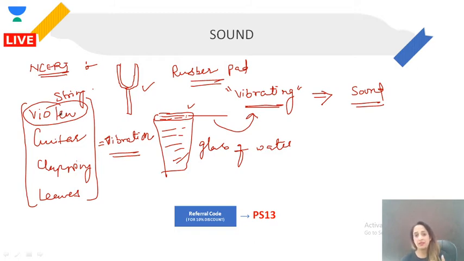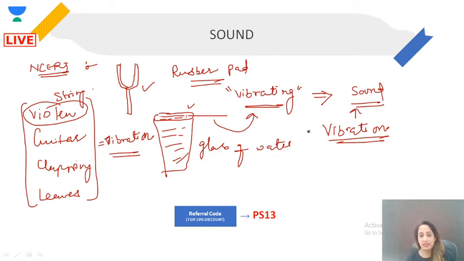So what will happen? There will not be any production of sound. So vibration is required for the sound to be produced. That is the take home message.